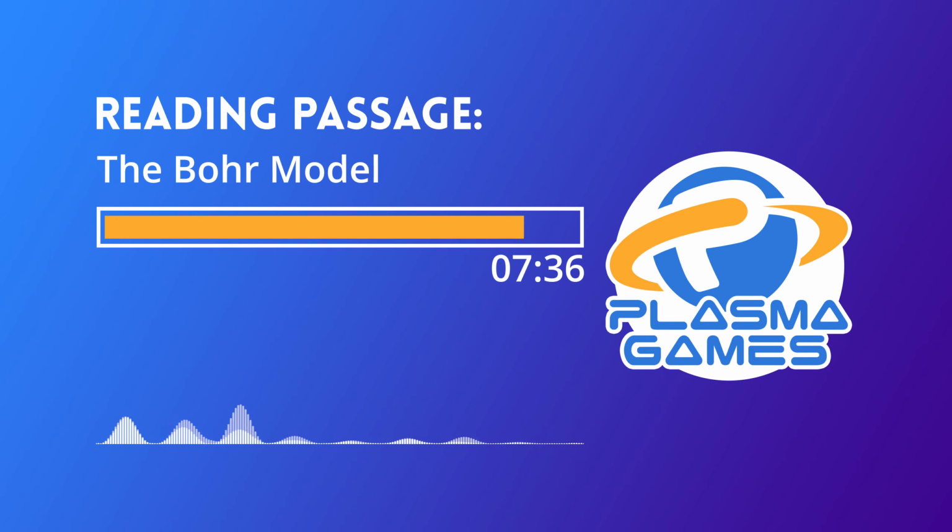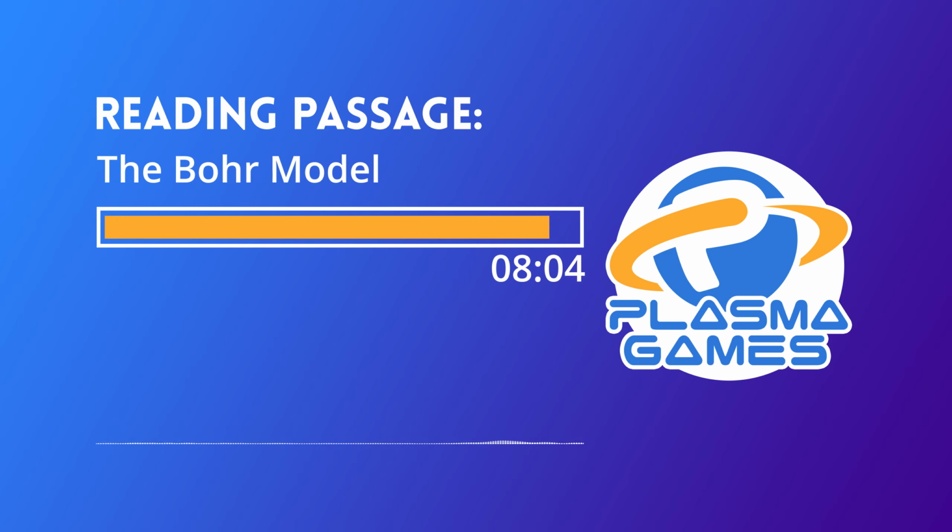Use the Bohr models below to answer the following questions. 4. Determine the number of protons, neutrons, and electrons in each atom. Fill the table with the number of subatomic particles from atom 1, 2, and 3. 5.